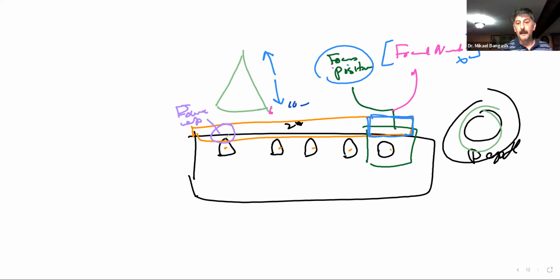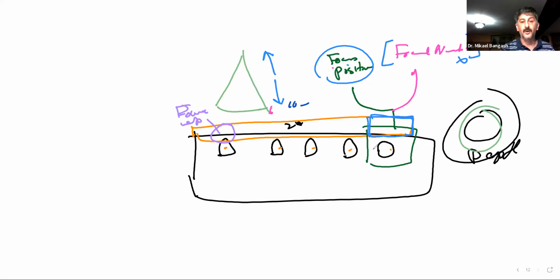Did that make sense? The way by which you can either increase your focal depth or decrease your focal depth is by turning this knob here clockwise or counterclockwise.